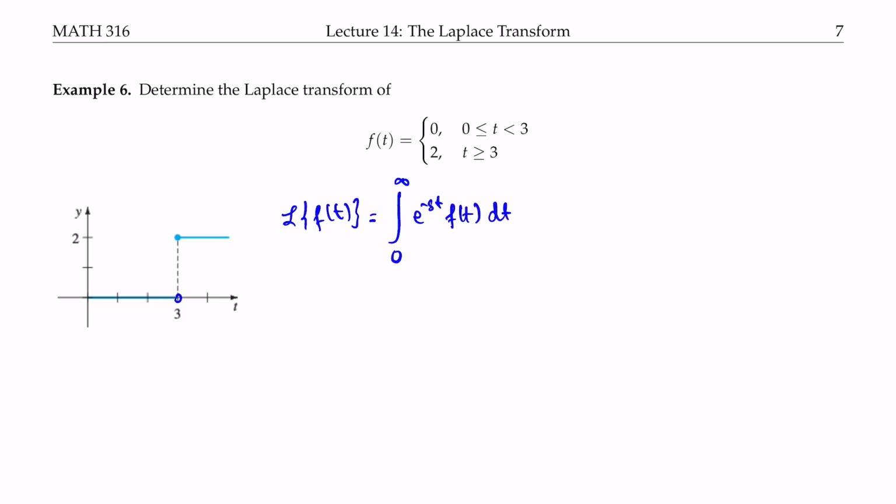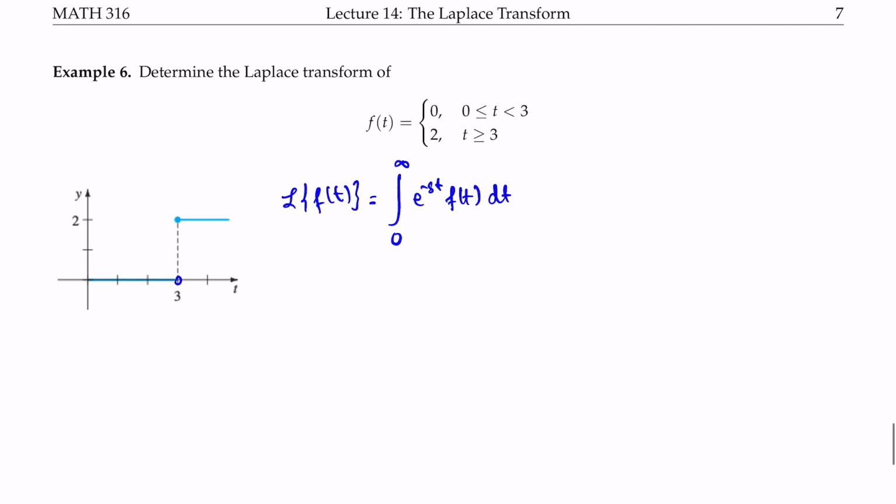But because you have two different parts to the function, depending on the interval, you break it down into the integral from 0 to 3 of e to the negative st times 0 dt, because in this interval for t between 0 and 3, the function is equal to 0. And when t is greater than or equal to 3, the function is equal to 2. So the integral from 3 to positive infinity of e to the negative st times 2 dt.